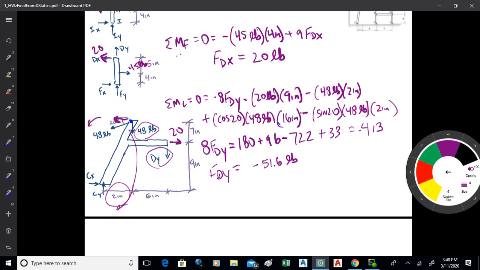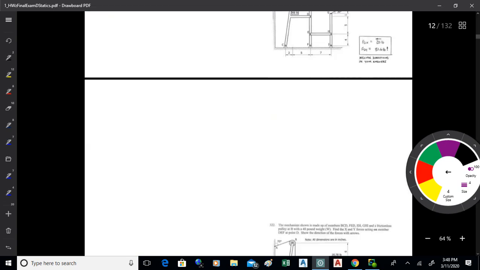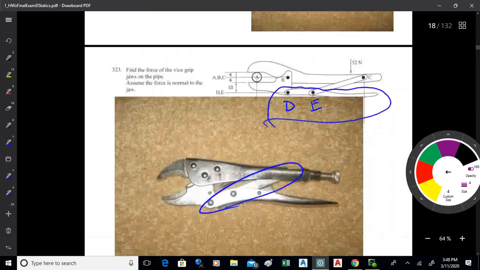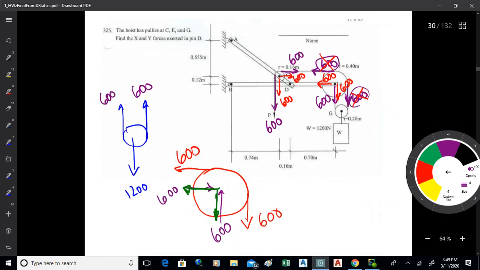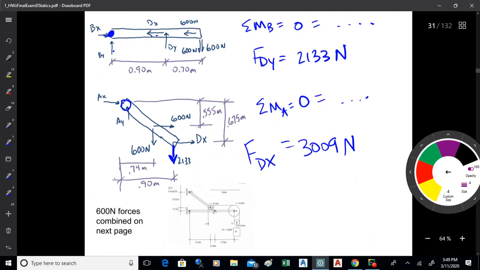Now the other one that might have given people some trouble was, which one was it? Yeah, it was this one. So the first thing to figure out on that is that the tension is 600 newtons.